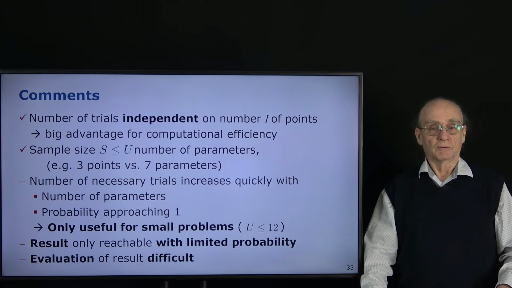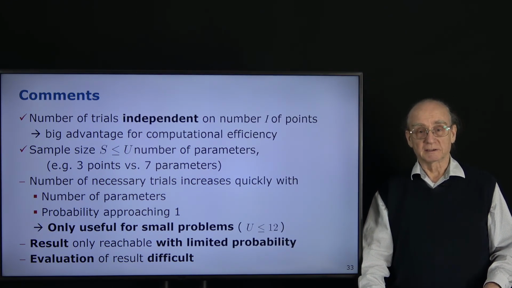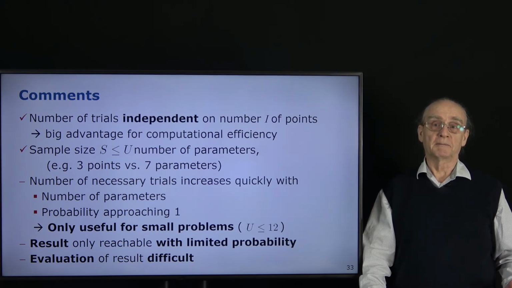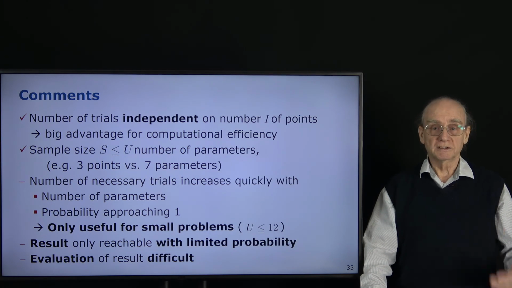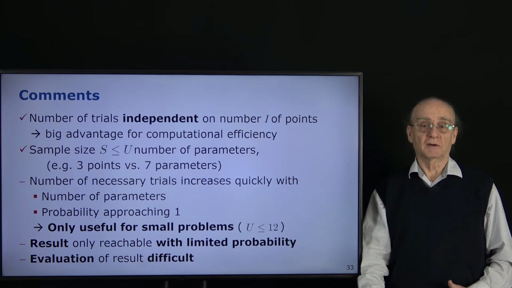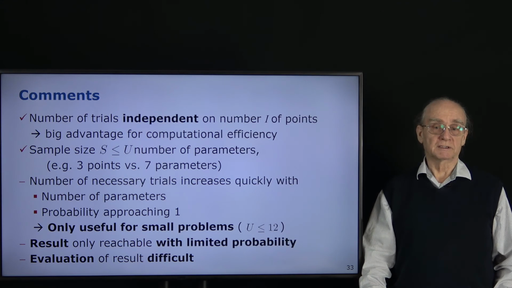One thing, which I already mentioned, is that the result is only reachable with a limit probability. So we have no guarantee that we get a result. So if you want to implement that in a working system, you have to take into account that this is the case and have some backup if you don't get a result with that method.